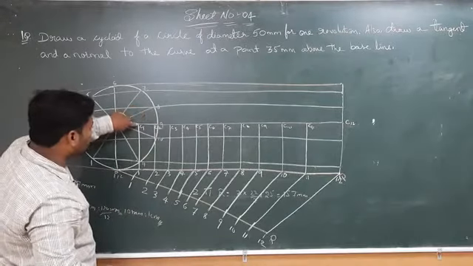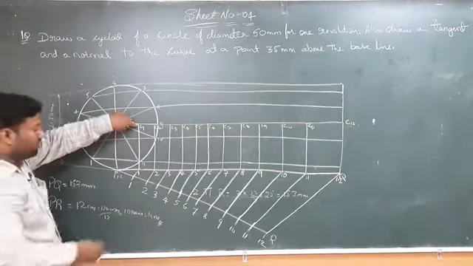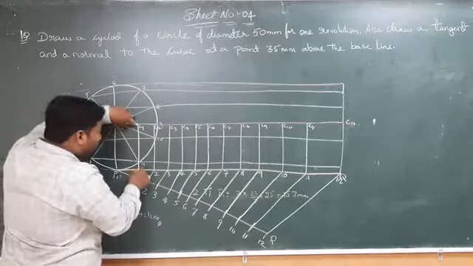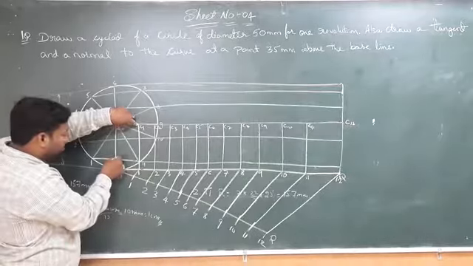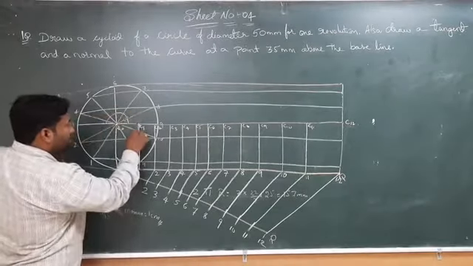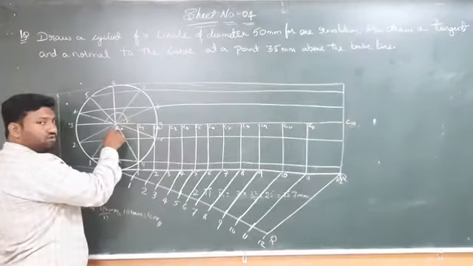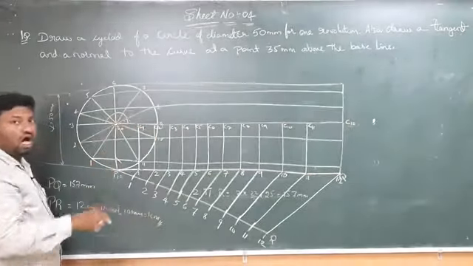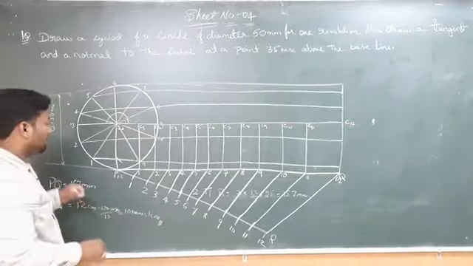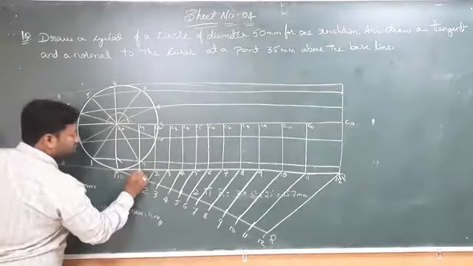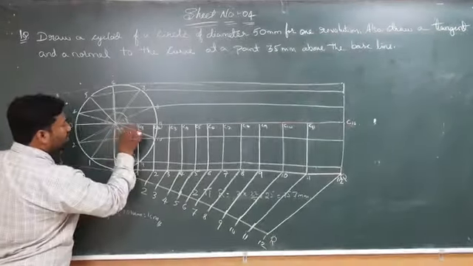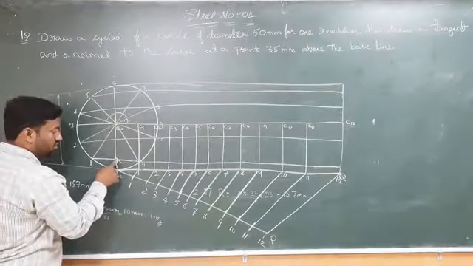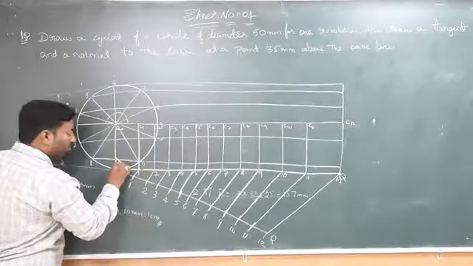We place the sharp edge at C1, maintain the radius 25 mm, and cut the arc on 1, because we are changing the center from C0 to C1 when it starts rolling. So this is our P1.